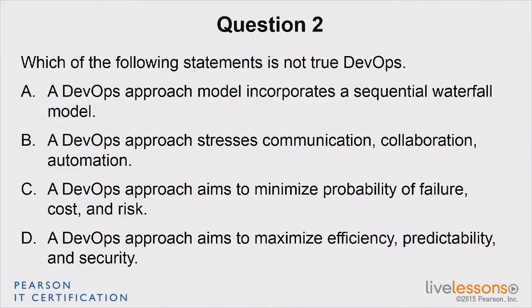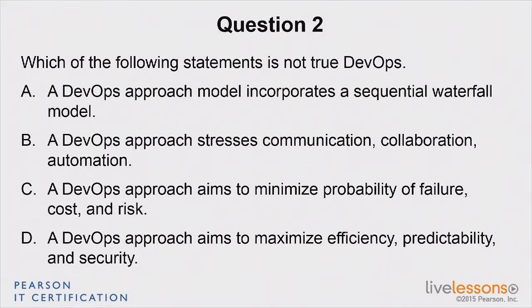So if you're looking at this, and again, maybe you don't quite remember what DevOps does, but you do know it's a model, right? And it came from the Department of Defense, and it is combined with Agile, but perhaps you don't even recall all of those. Start looking at what answers seem to go together. We've got DevOps approach stresses communication, collaboration, automation, which may minimize probability of failure, cost, and risk, and maximize efficiency, predictability, and security.